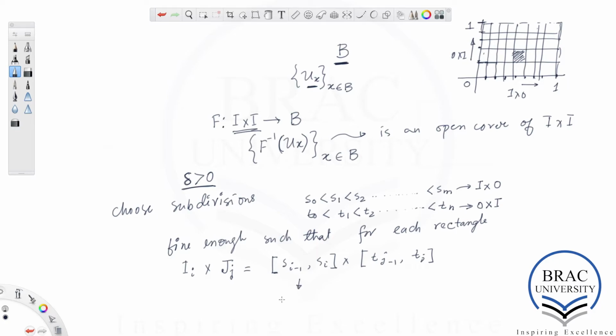where in this case i runs from 1 to m, and j runs from 1 to n.